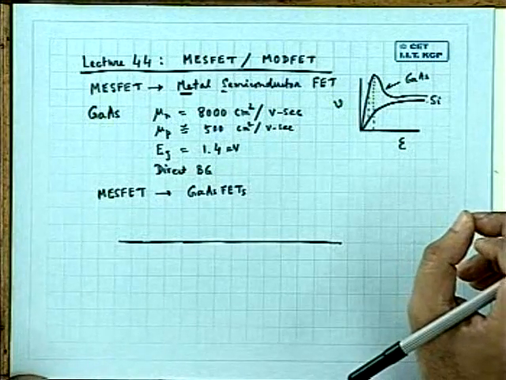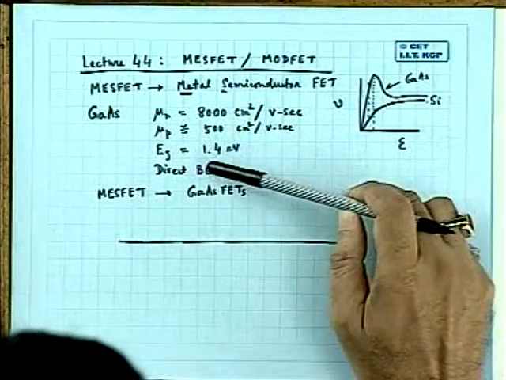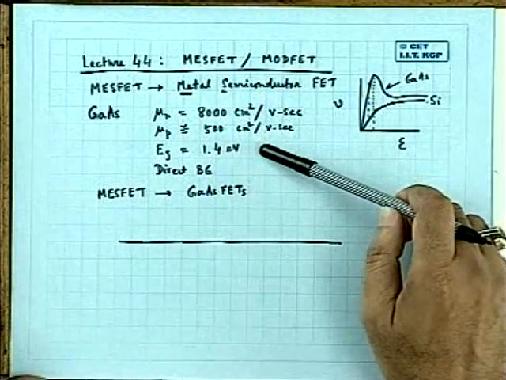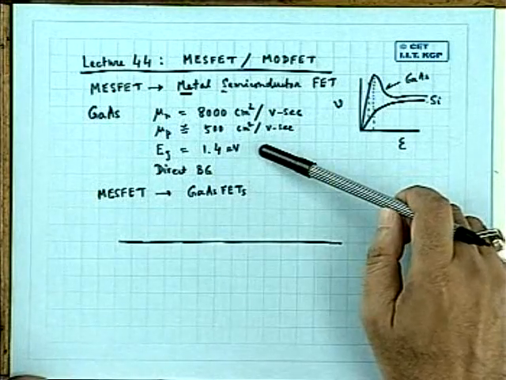What is the band gap of silicon? 1.1 electron volt, and the band gap of gallium arsenide is 1.4 electron volt. Intrinsic resistivity of silicon is very high.